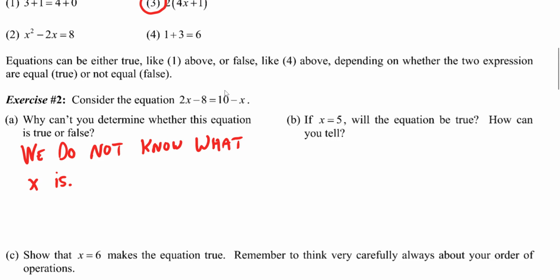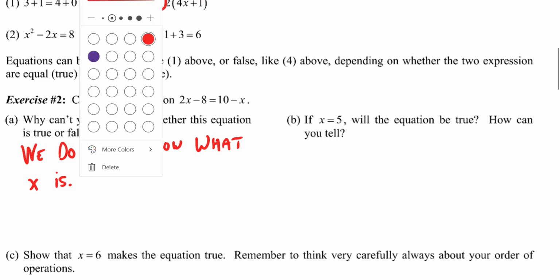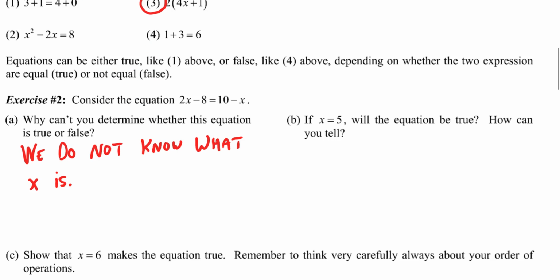So now what they're saying is, all right, let's say x equals 5. Is the equation true? What they're asking us to do really is this. If you write the equation out, 2x minus 8 equals 10 minus x.